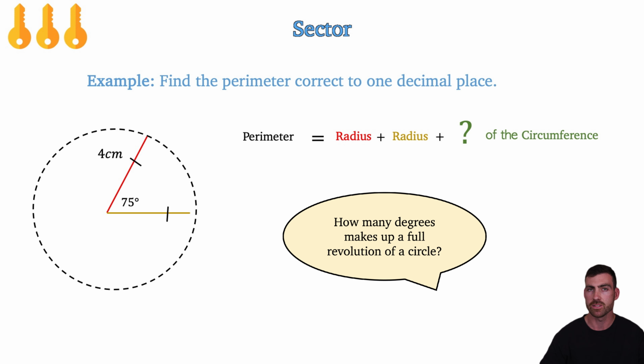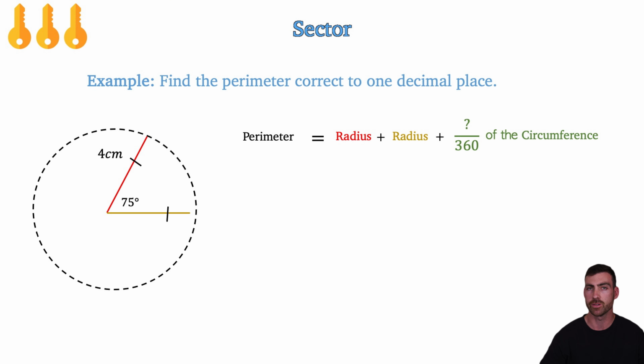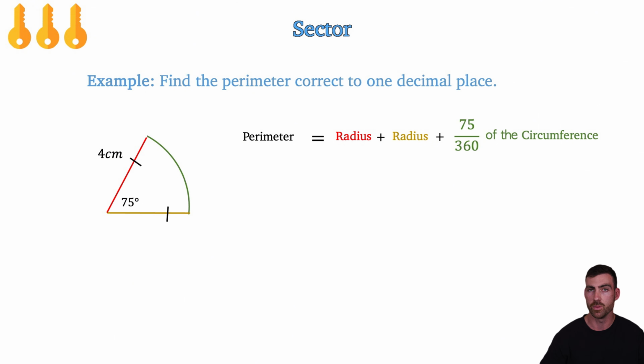How many degrees makes up a full revolution of a circle? Yes, a full circle is 360 degrees. That becomes the denominator. The numerator is the angle of the sector. In other words, how many degrees of a complete circle you have. For this example, 75 degrees.